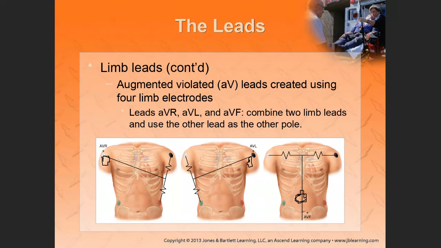Now, if we're doing a 12 lead ECG, the limb leads are augmented to form AVR, AVL, and AVF. Which side of the heart does AVF look at? Yes, AVF is inferior.